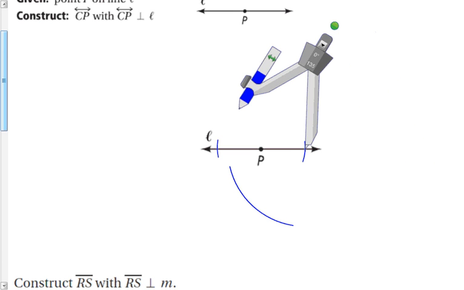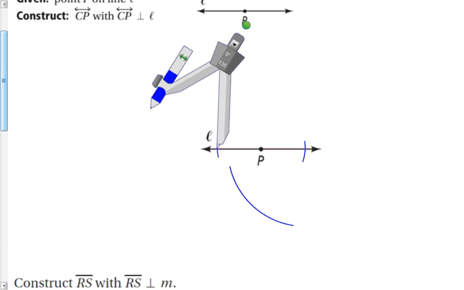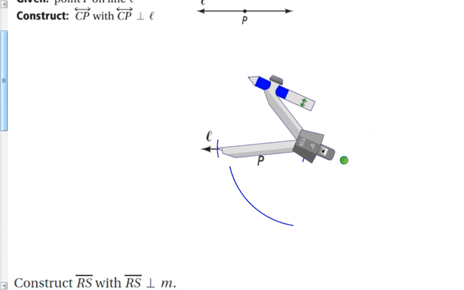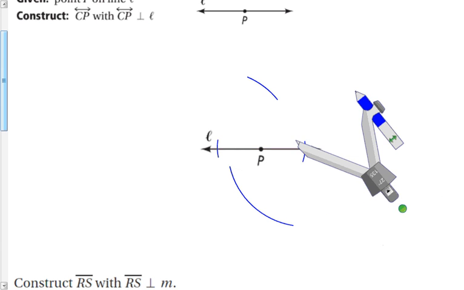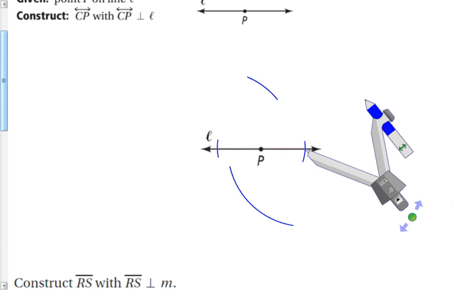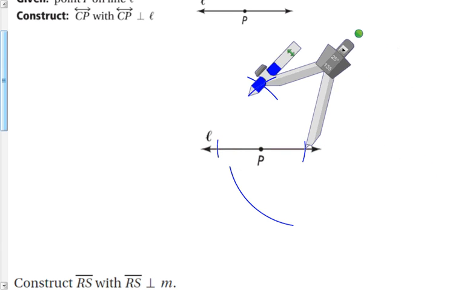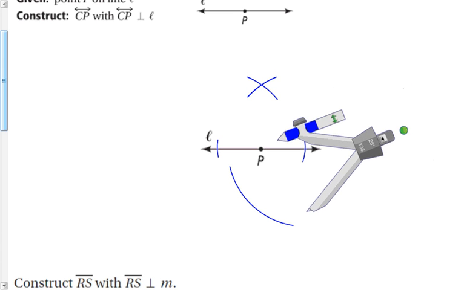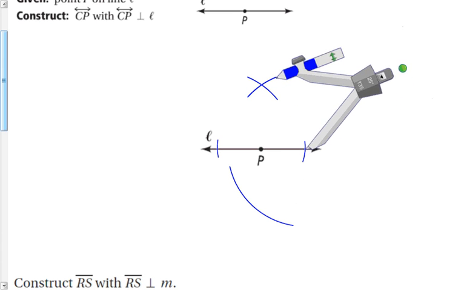Draw an arc up here. Move it over. Oops, I missed that arc. And then I need one more arc.